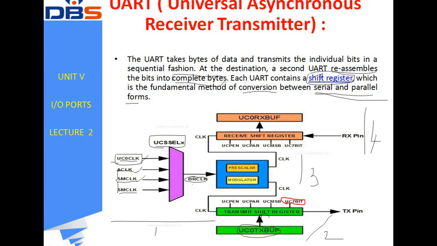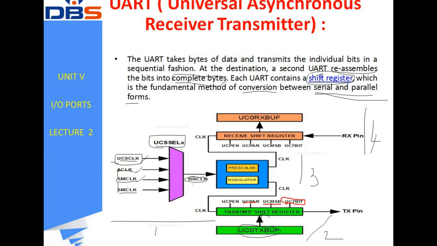Next one is UCMSB. If this bit is set, then the MSB is going to be transmitted first, otherwise the LSB is going to be transmitted. And UCPAR means parity select. If this bit is set to 1, then even parity is selected, and if this bit is set to 0, then odd parity is selected.